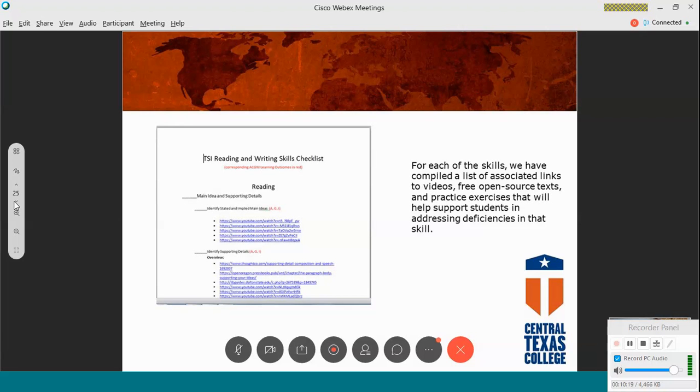I've got a number of pages of this. I can copy the whole document, but it's all been sent out to the school counselors. We're still working on getting a program page that will also have this information available.